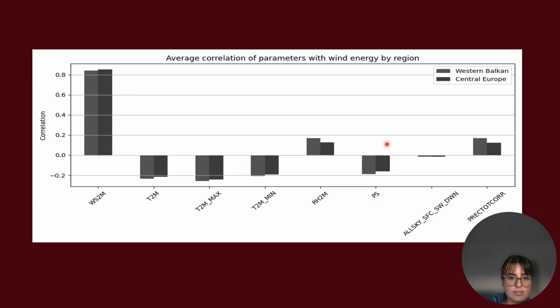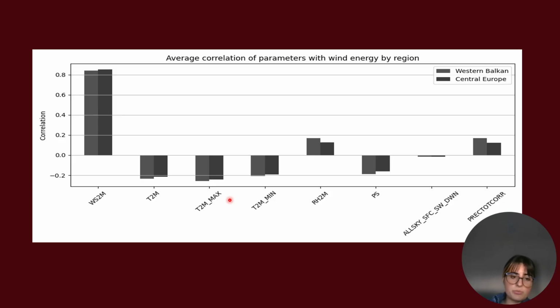Here we have the average correlation of parameters with wind energy by region. On this chart, values closer to 1 indicate a stronger positive relationship, values near 0 indicate no relationship, and a negative value means an inverse relationship.